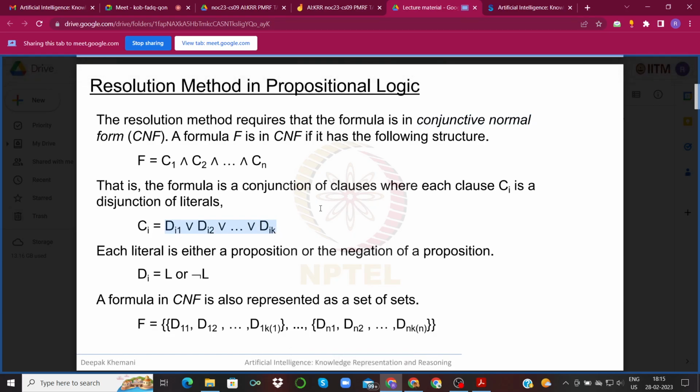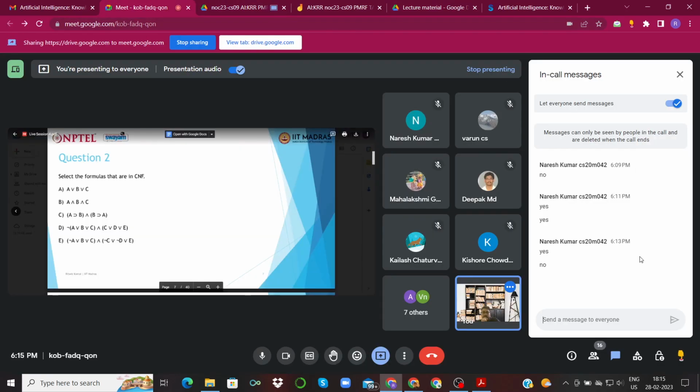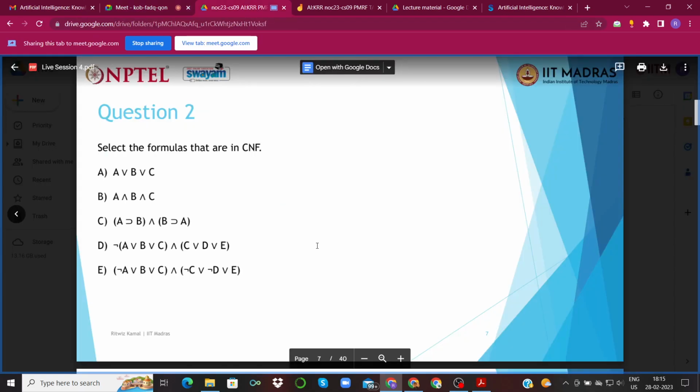As per this definition. Okay, so the correct option is A, B, and E.